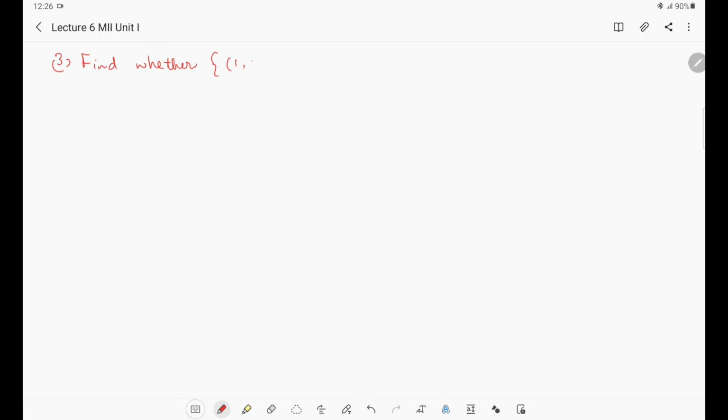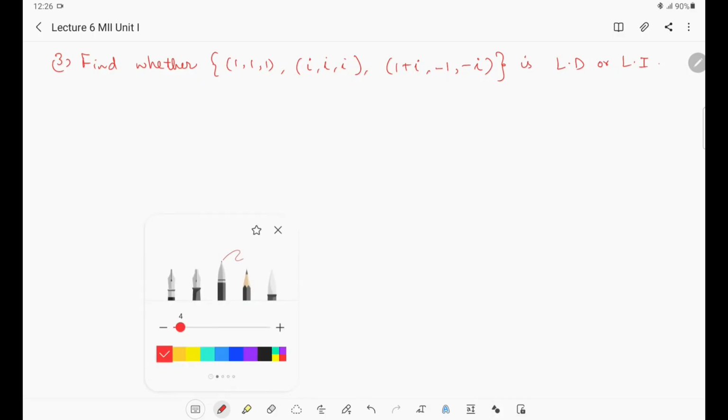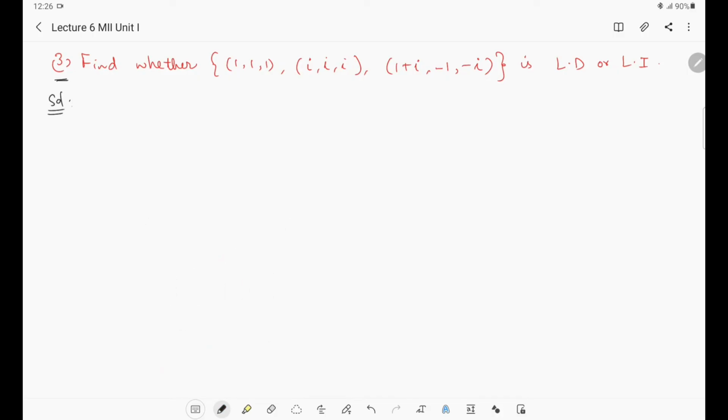Vectors are (1, 1, 1), the second vector is (i, i, i)... the second vector is i and i, and the third vector is (1 plus i, minus 1, minus i), right? Find whether this set is linearly dependent or linearly independent. This is the question.